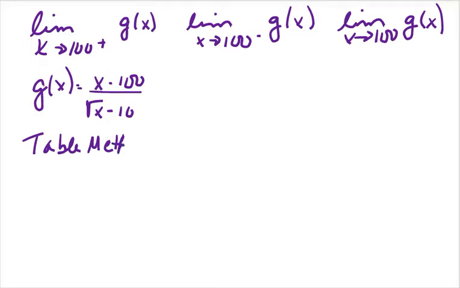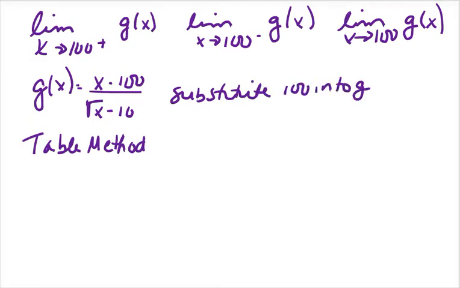And hopefully you see that if you substitute 100 into g of x, you get division by 0 on the bottom. So it's appropriate to be looking at the limit as x approaches 100 from the left, the right, and then of course the two-sided limit.